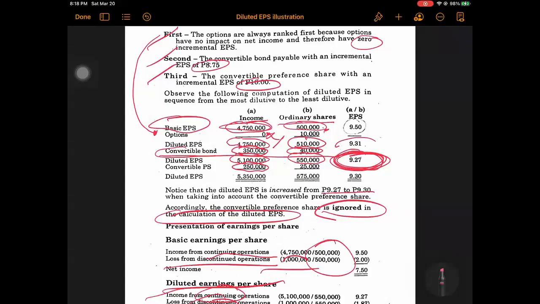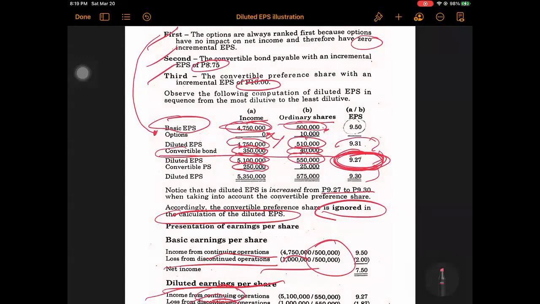Question. Sir, if dili anti-dilutive ang preference share, let's say may mo sang 9.26, the answer is 9.26. So, kung if dilutive sila tanan, computon gid nimo siya. Kay kung if dilutive na siya tanan, magkanam gyud nagka-decrease ang amount.